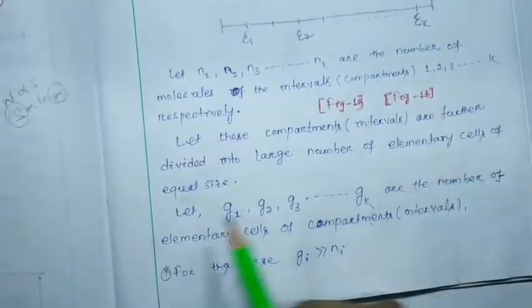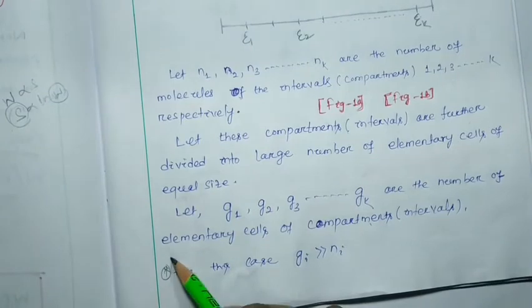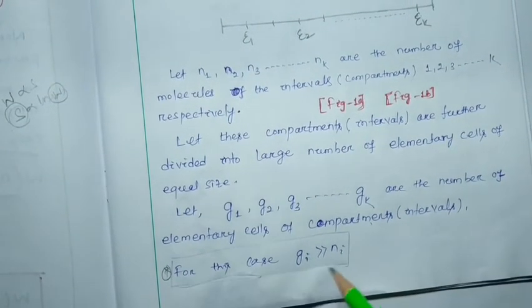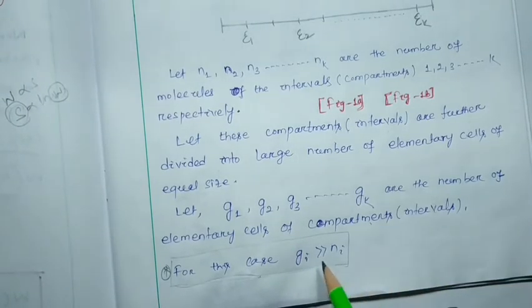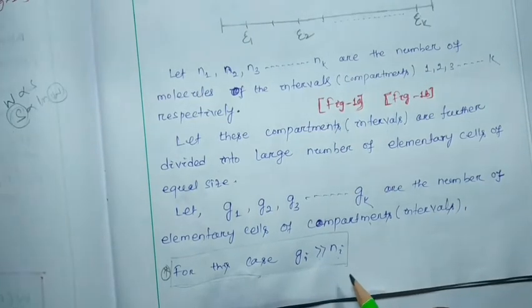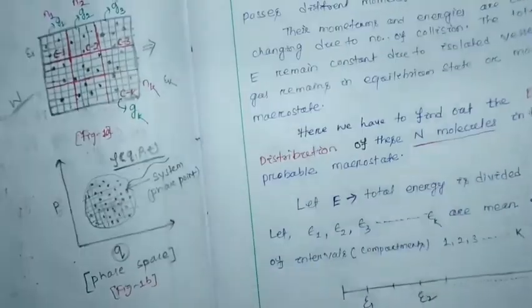Equal in size, G1, G2 up to Gk are the numbers of elementary cells of the compartments. For classical statistics, the number of cells is greater than the number of particles inside that particular compartment.